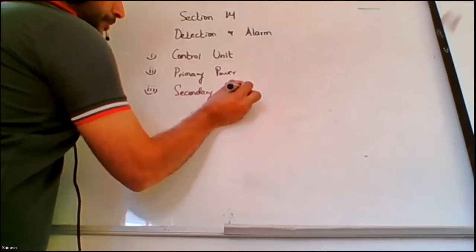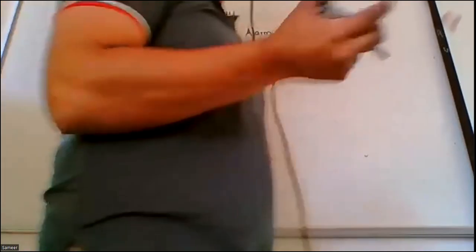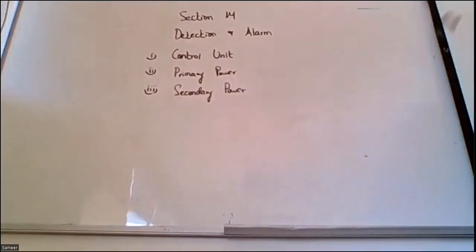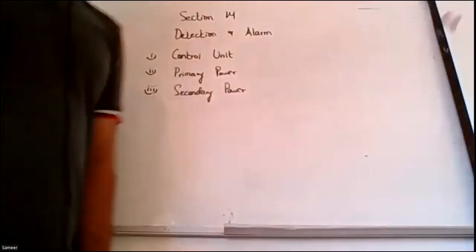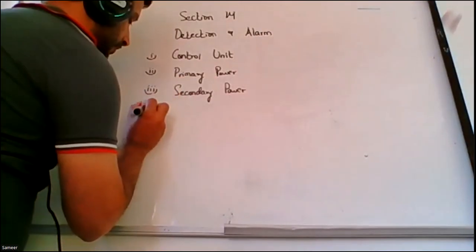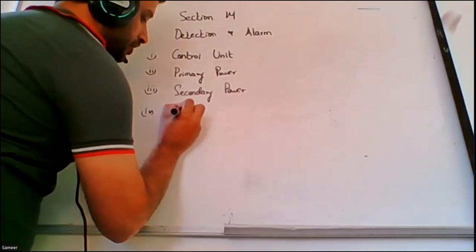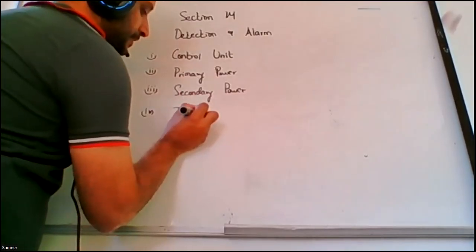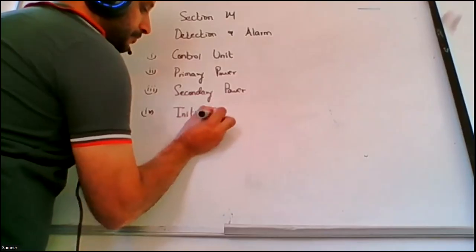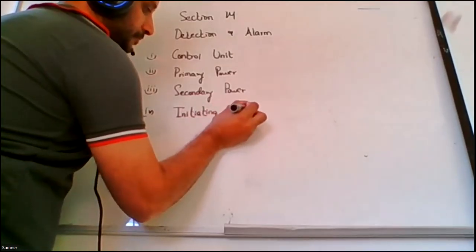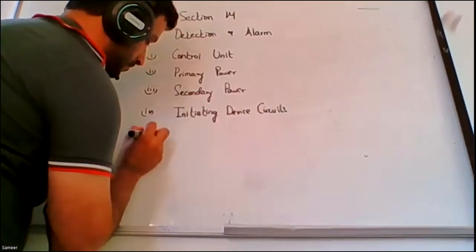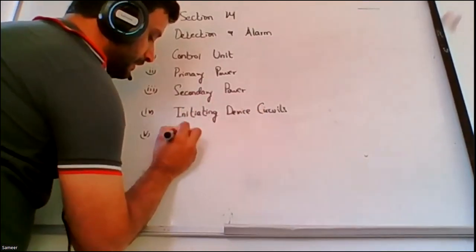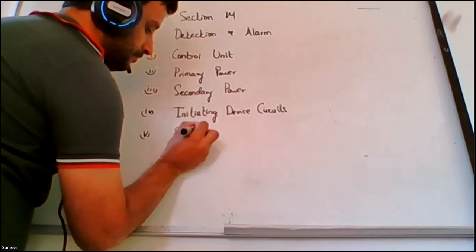What is the purpose of secondary power? If the primary power fails, secondary power should be there, right? Then we come to the circuits available inside the control panel, in which we have the initiating device circuits. We will discuss these also. Then we have signaling line circuits.